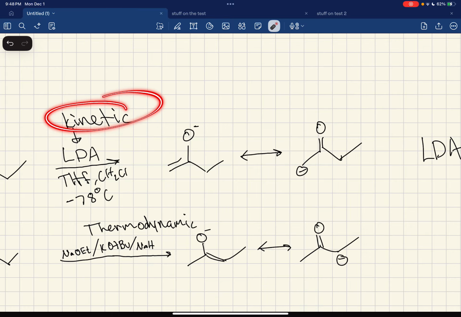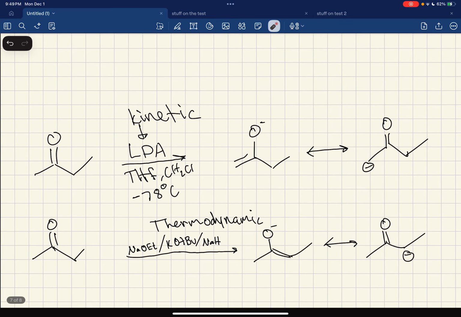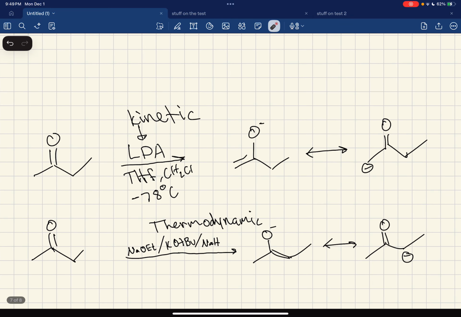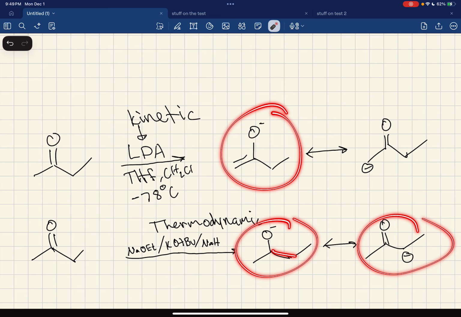And this is the kinetic product because it will happen fast. The thermodynamic product will form the more stable enolate and is basically all the other bases. But it won't happen as fast. This enolate is definitely more stable than that enolate because that double bond is way more substituted.